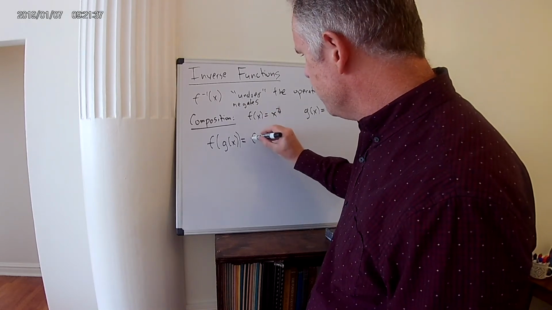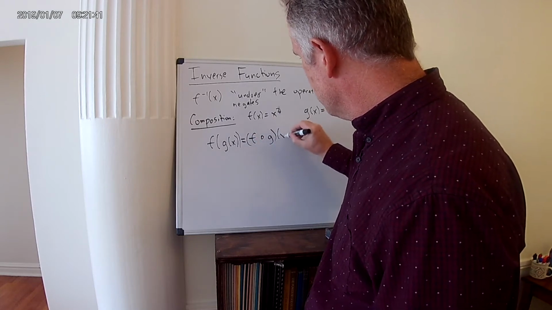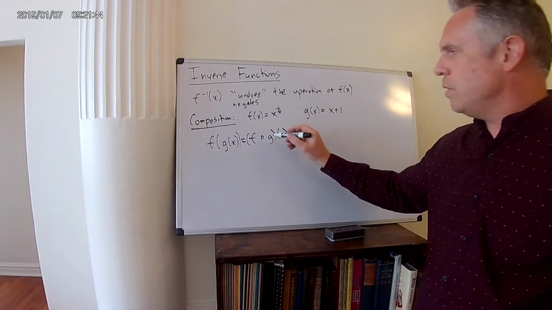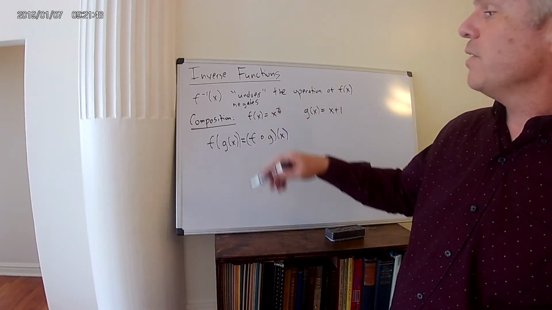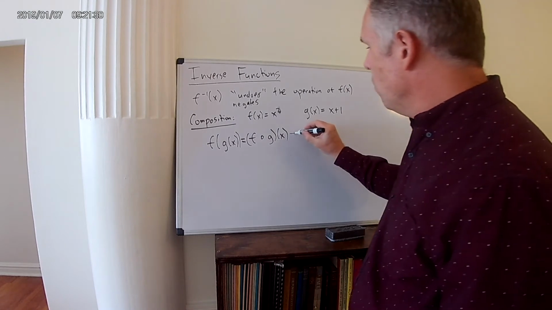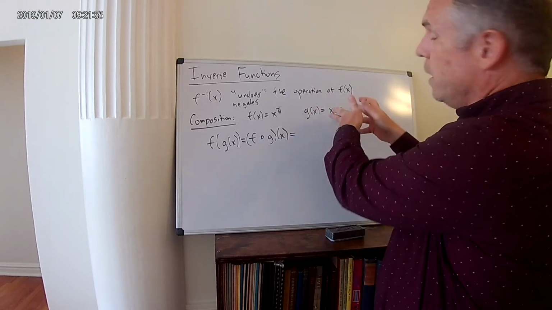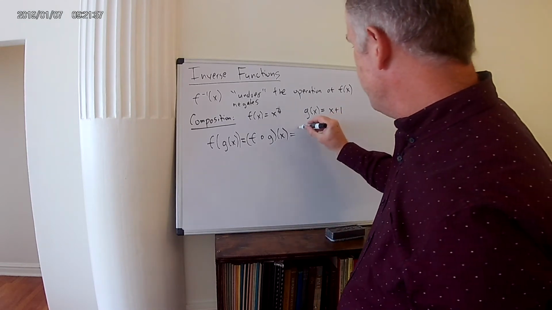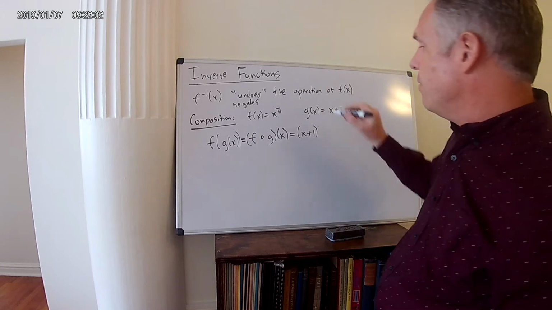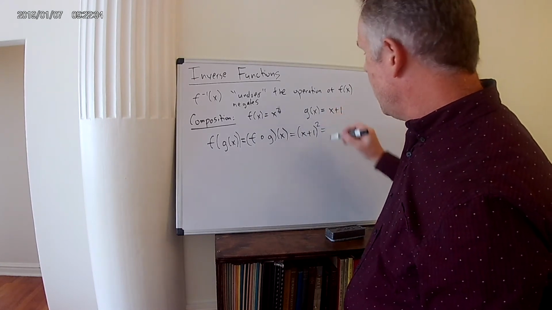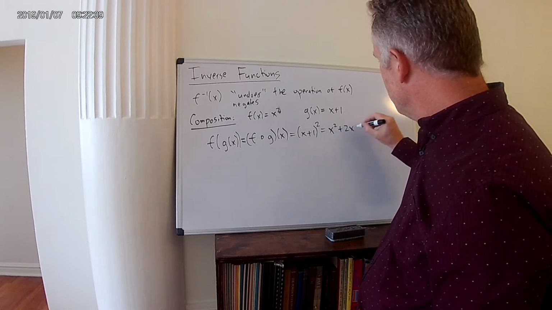We can write this in a funny way: f composed with g of x, using this little open circle. F composed with g means we plug in g of x as an input into f of x. Wherever we see x, we plug in x plus 1. So I plug in x plus 1 as my input to f, and then I square this. If we square this out, we get x squared plus 2x plus 1.